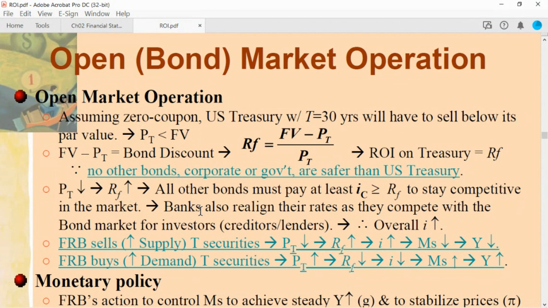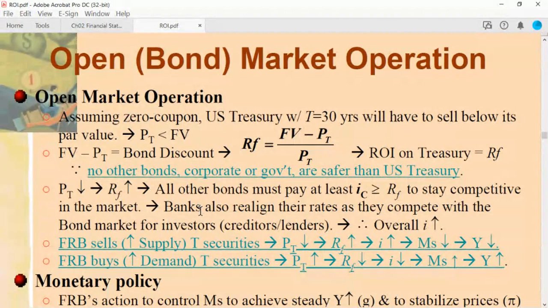There are corporations, there are state governments and municipal governments. But among all of these, who is the safest guy? Of course, U.S. Treasury. And who is the biggest guy? U.S. Treasury. Think about the amount of capital they borrow.